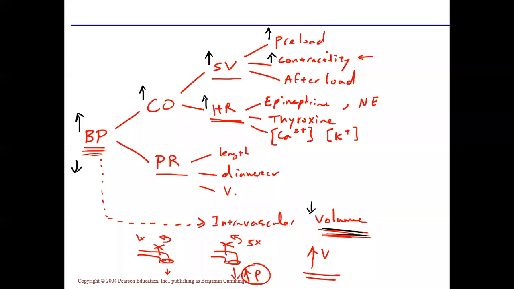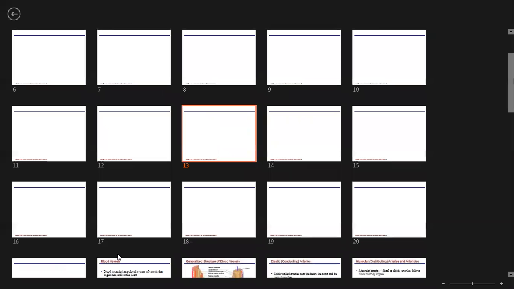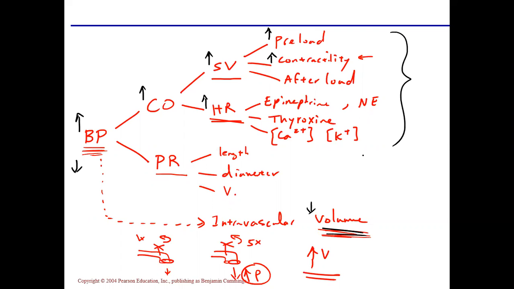So you could see how important it is to take a look at the overall picture as we discuss and be able to identify which part is affected to understand, for example, which factors of the blood pressure are being affected. So this is the overall picture. I thought to bring it in and blend it in with the stuff that you learned earlier to complement that and help you understand this a little bit better.